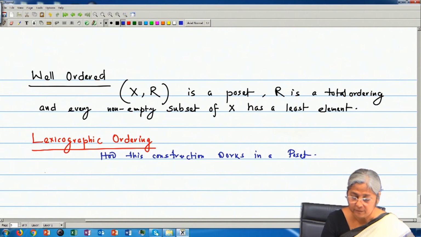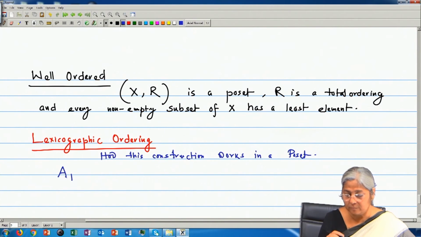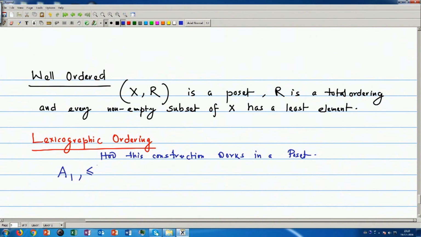So, say I have a POSET A1 with less than or equal to, I have another POSET A2, then I can take the Cartesian product of these POSETs, because finally these are all sets with some relation.